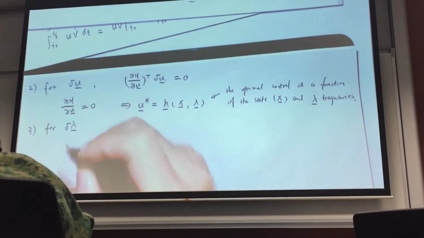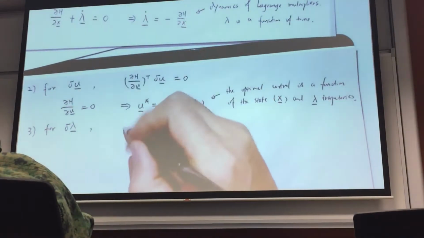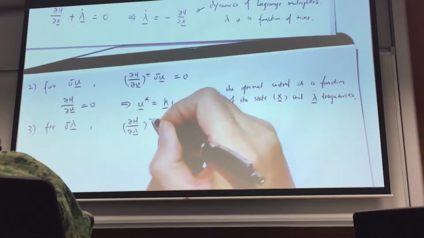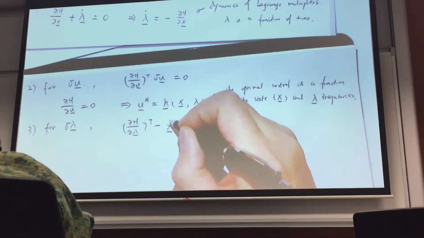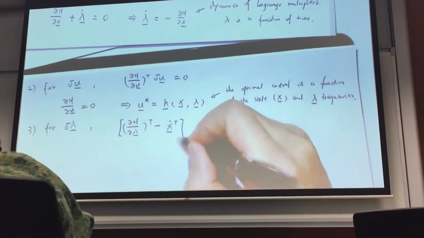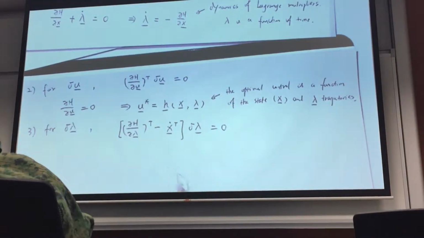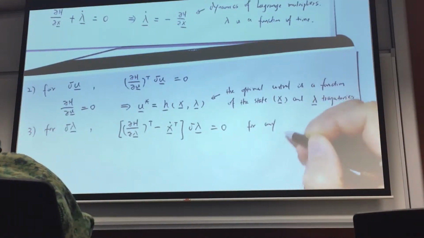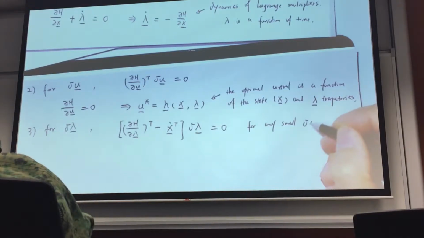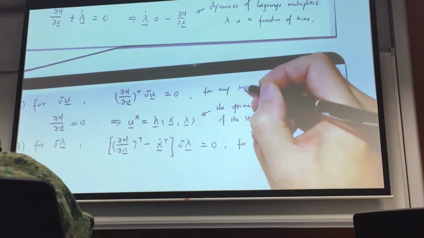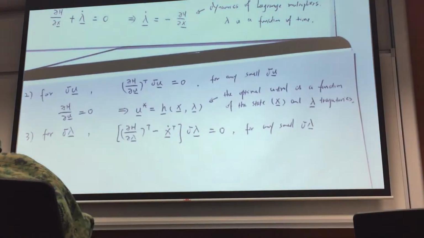For delta lambda, we require this dH d lambda transpose minus x dot transpose, multiplied by delta lambda, to be 0 for any small perturbation delta lambda.